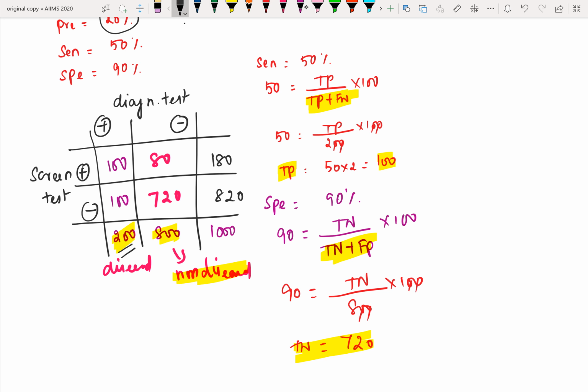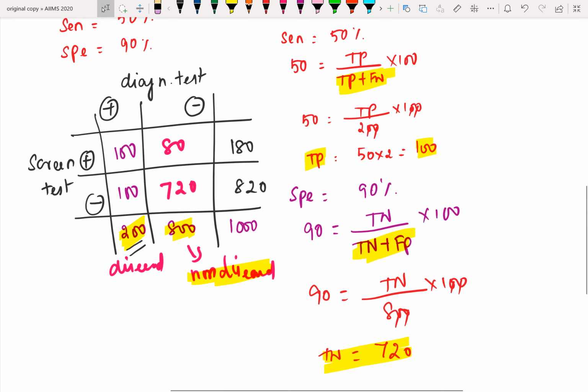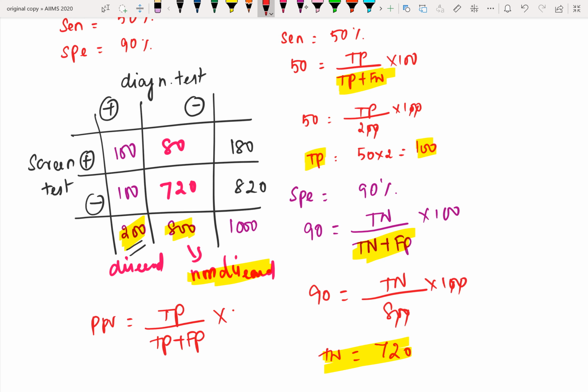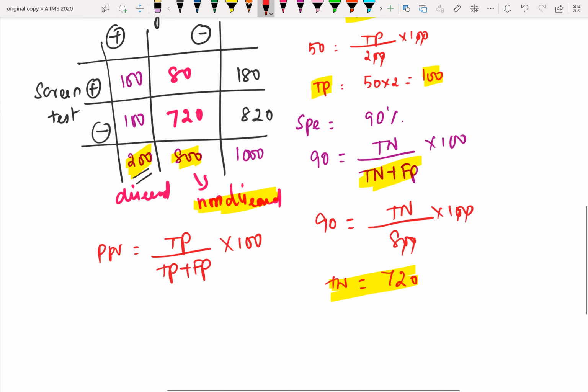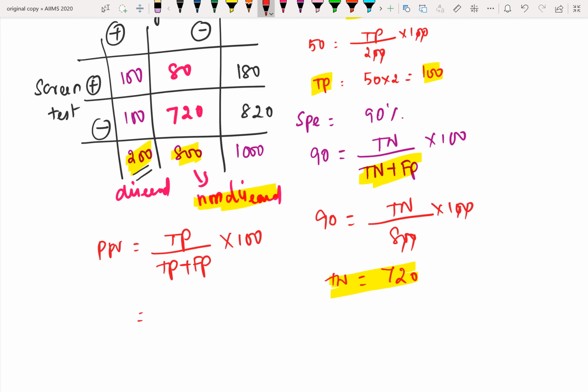Okay, fine. So now what is the formula for positive predictive value? Positive predictive value is true positives by true positives plus false positives multiplied by 100. So what will be the answer here? 100 by 100 plus 80 multiplied by 100.